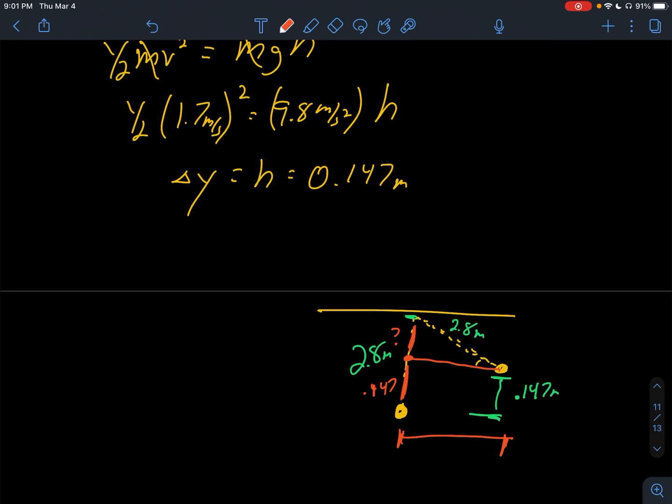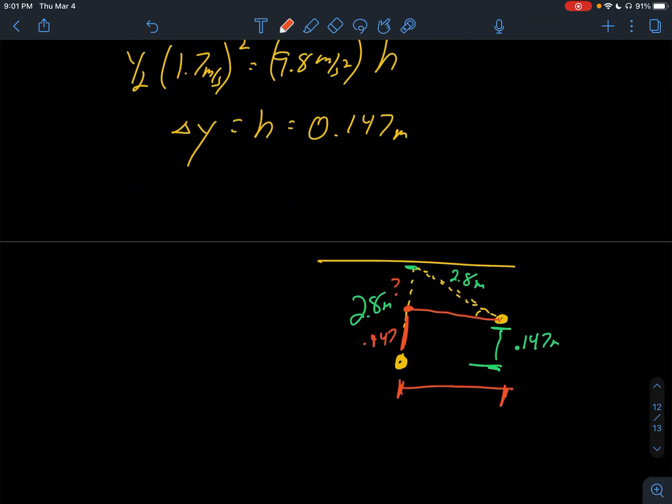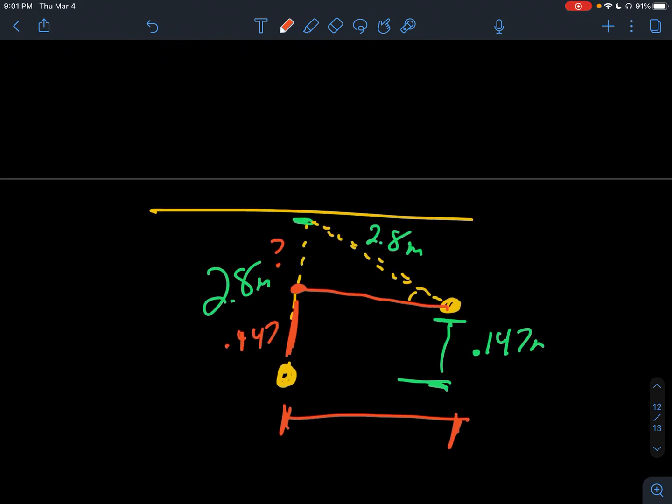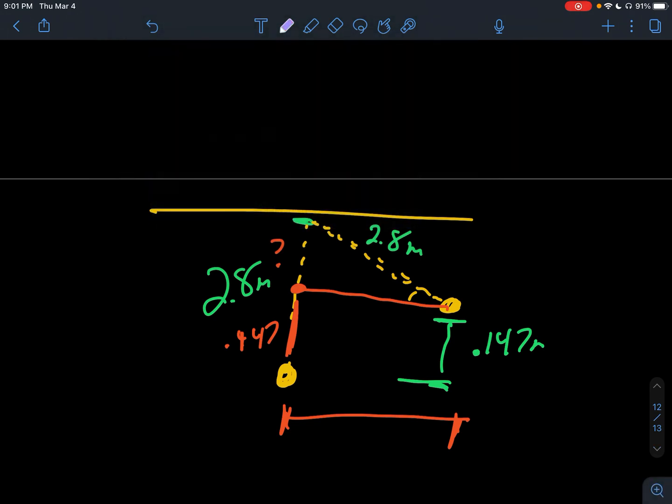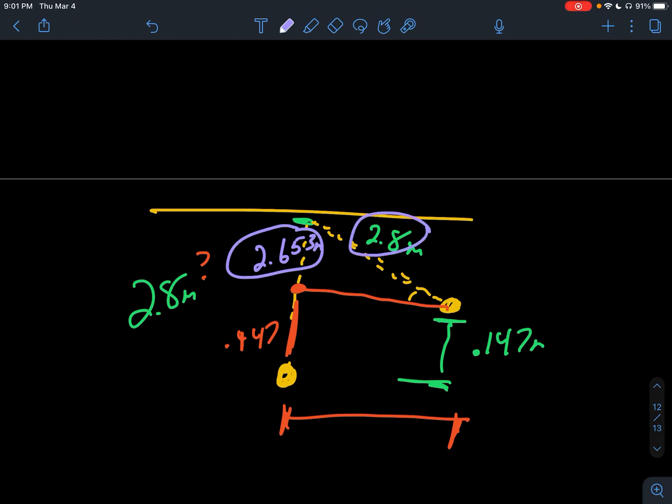So if we just subtract that, 2.8 minus 0.147, this missing piece is 2.653 meters.